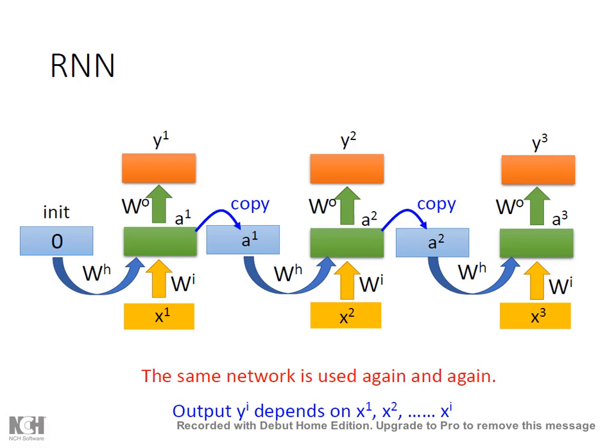The output is generated using S3 and the previous result A2. A2 is generated from S2 and A1, and A1 is from S1. We just use this mechanism so that the output always has the memory of the previous states.